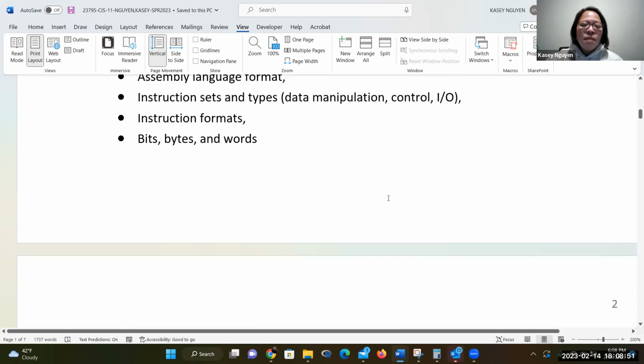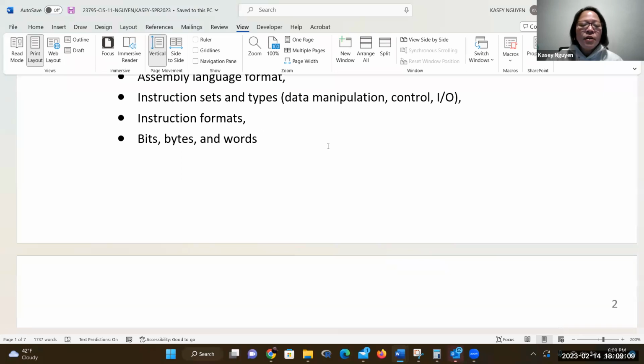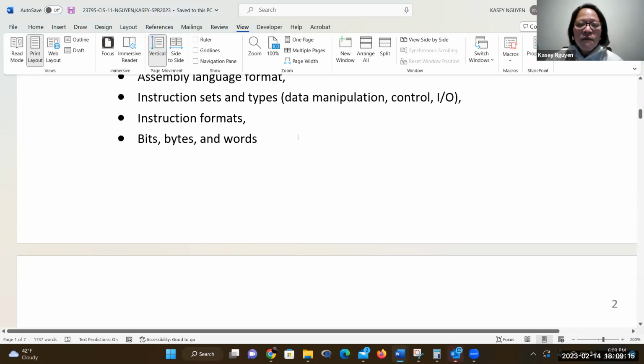Then some part of this week and throughout the semester, we're going to address your word size, which is 16 bits, and it could vary from architecture to architecture. As we are using this architecture, that's going to be a 16-bit word size, very similar to your Intel 8086. But in other architectures, like your ARM64, in some of your Android systems, like your smartphone, you would see that your word size is 64-bit.